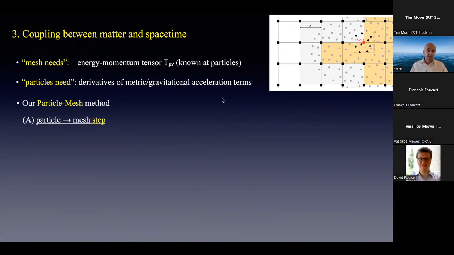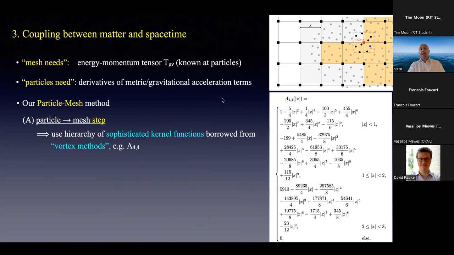And so we have some particle mesh step, and that is actually the most complicated part of this mapping. And if you just start with what for a person with an SPH background would be the most obvious ways to do the mapping, that actually does not work very well. And that's why we went to other methods.